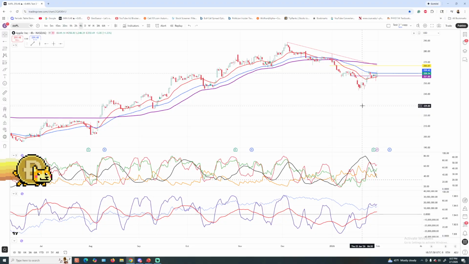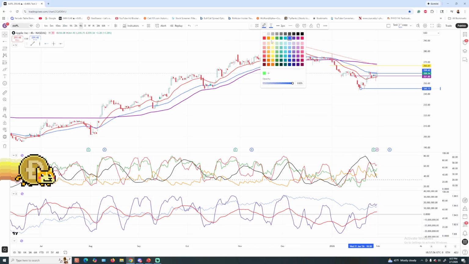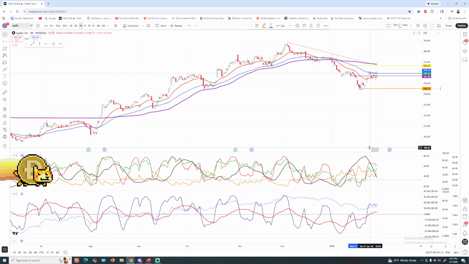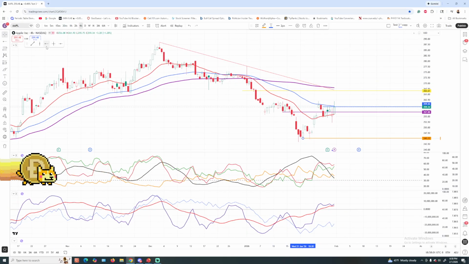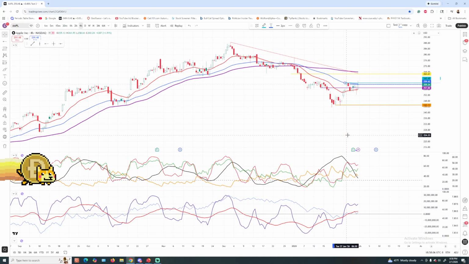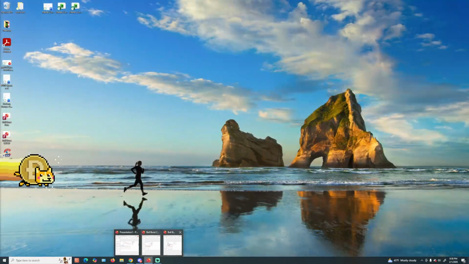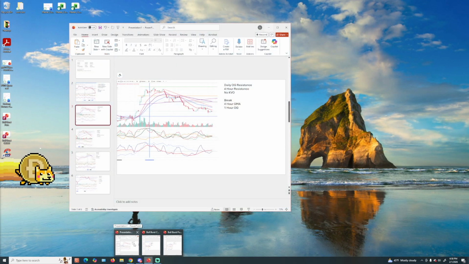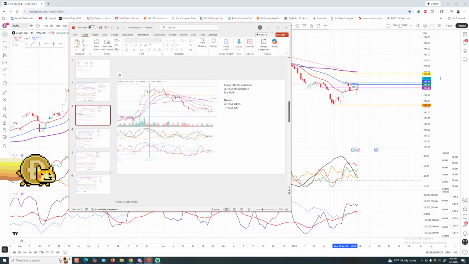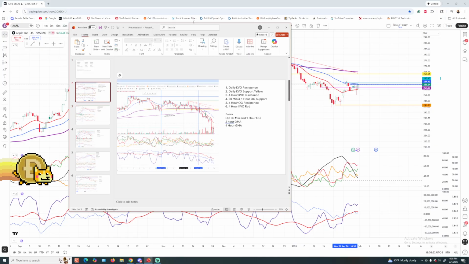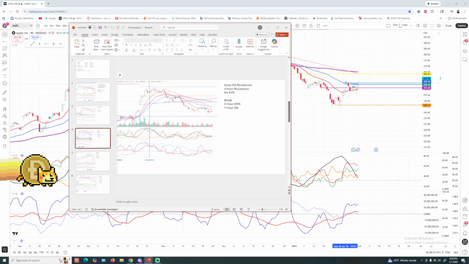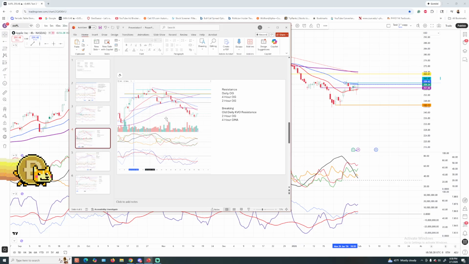Let's look at the 4 hour. The 4 hour has a good 4 hour support, which is nice. We have a 4 hour resistance, that is blue. So generally, once I see this, I'm trying to look on my cheat sheet because this seems pretty familiar.